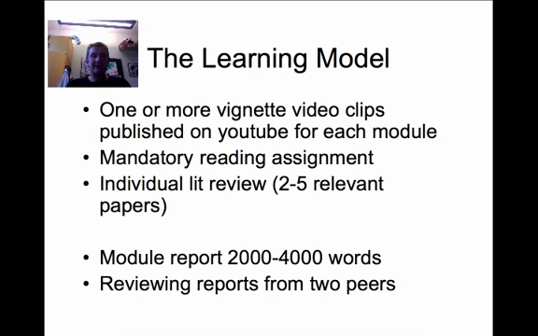Together with the mandatory reading and your individual papers, you will have enough material to write a reflection module report, which should typically be 2,000 to 4,000 words in length. This report you will submit at the end of the module, and then you also have to conduct reviews of 2 of the reports submitted by your peers.